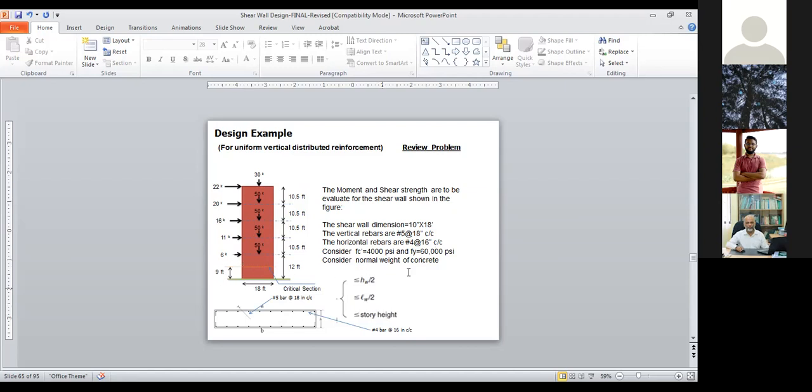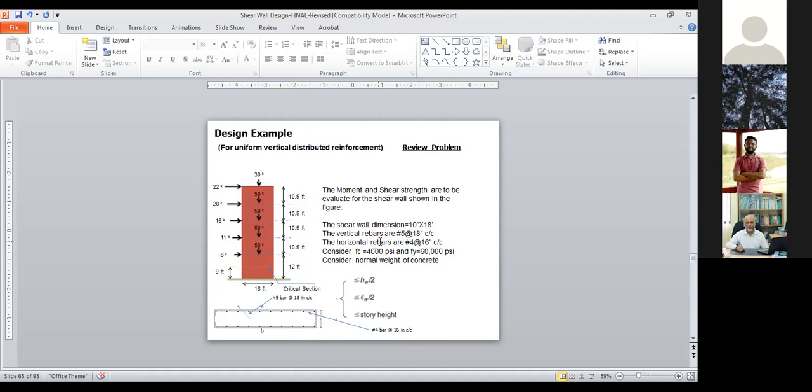It will be Lw by 2, that is 9 feet, that is the minimum. So that is the critical section for checking the shear force and moment here. And the section is provided: number 4 bar at the rate of 16 in center to center, and also number 5 bar at the rate of 18 in center to center.